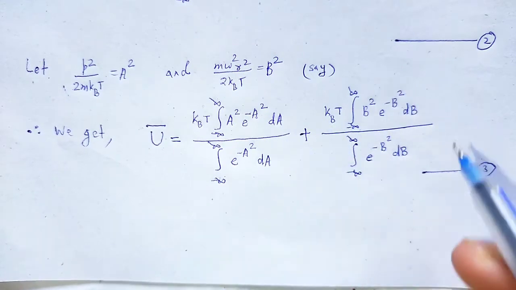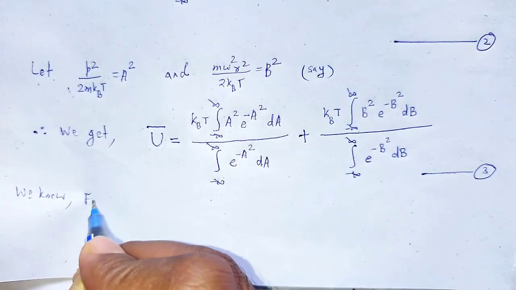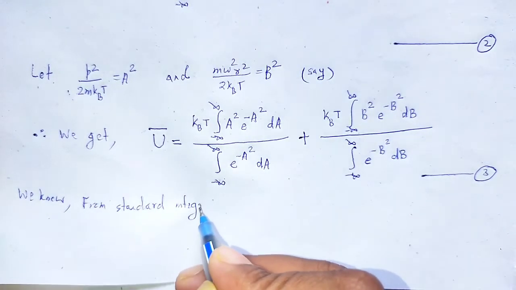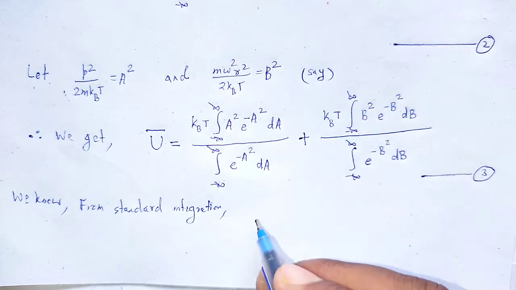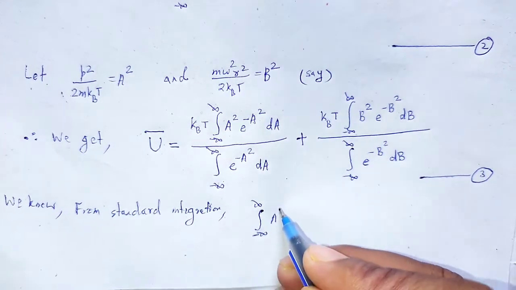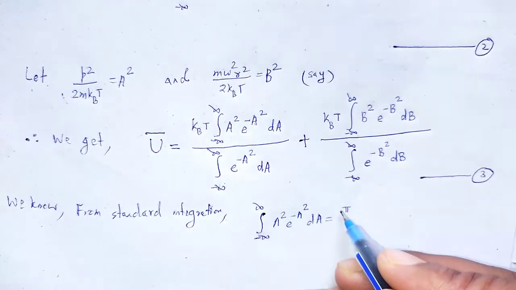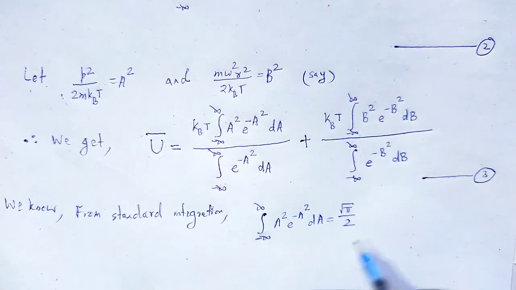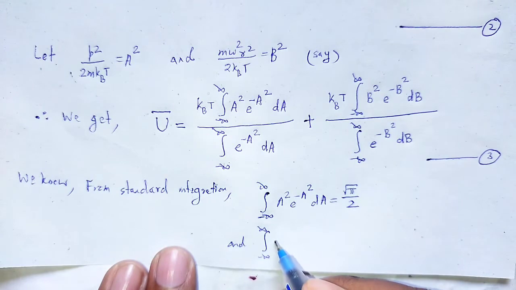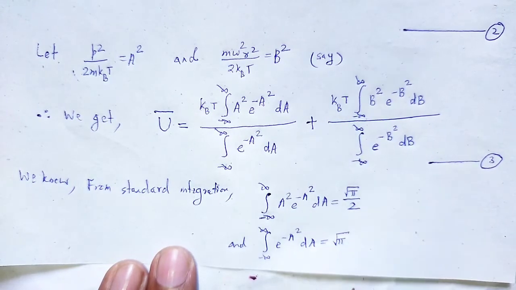We know from standard integration that the integration over minus infinity to plus infinity a square e to the power minus a square dA is equal to root pi divided by 2, and the integration over minus infinity to plus infinity e to the power minus a square dA is equal to the square root of pi.